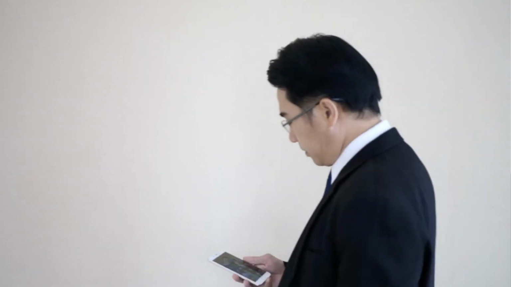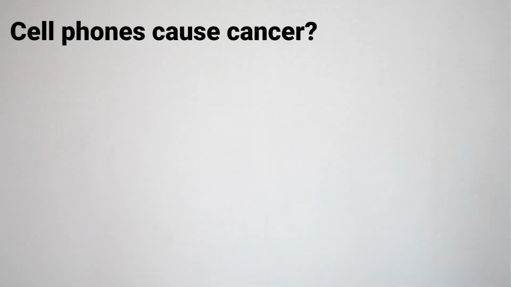Our final statistic in this section is the link between cell phones and cancer. Ever since cell phones were introduced, they have been rumored to cause cancer. A few years ago, the World Health Organization developed a special task force to look into the effects of cell phone radiation on our health. What they found was that the use of cell phones does have a statistically significant link to cancer.